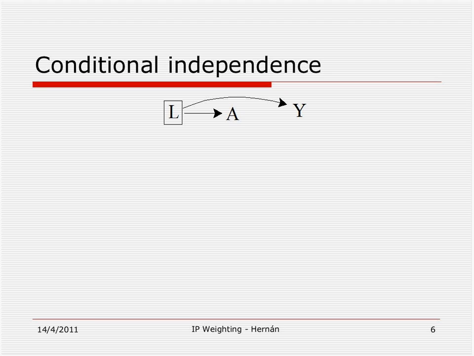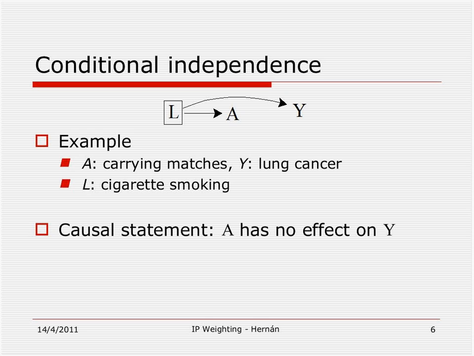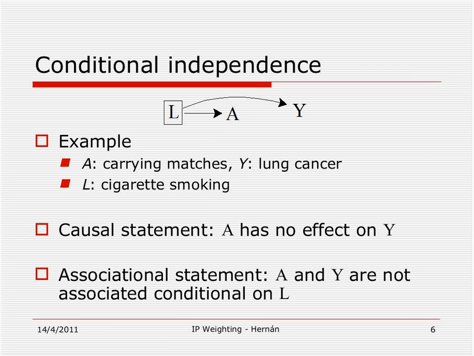In any case, it's a form of conditioning on the confounder. Once we condition on the confounder, A still doesn't have an effect on Y, but we say that there is no association within levels of L. So this is what, say, a model does. We have a treatment A, and we add the confounder as a covariate to the model. Now we are estimating the effect of A within levels of L, and that eliminates the confounding by L.